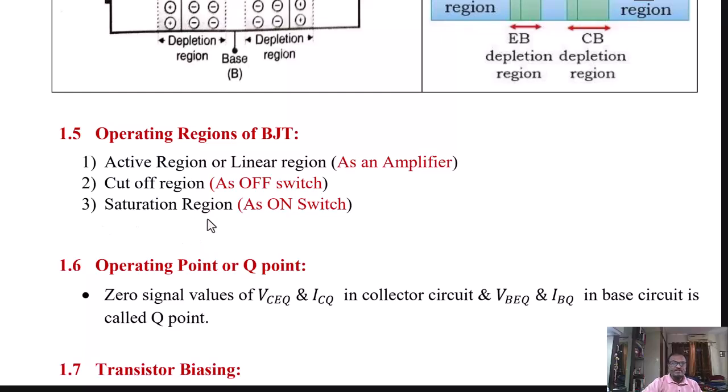In the saturation region, the current flowing through the BJT reaches the maximum value in the circuit, and therefore the device goes in fully on state and acts as an on switch.